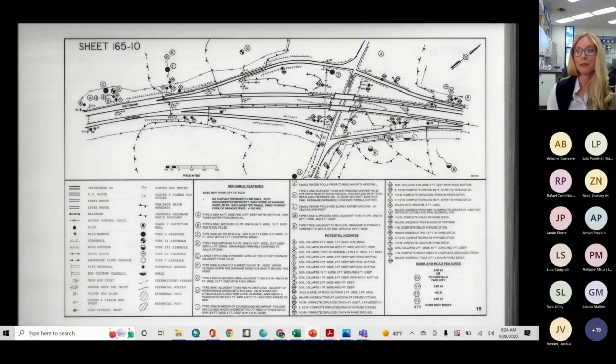Here you can see an example of the product. This is just one page of many, but this happens to be along a major exchange on the interstate that actually leads into Mammoth Cave National Park. The dashed lines that you can see there represent known or inferred drainage basins.